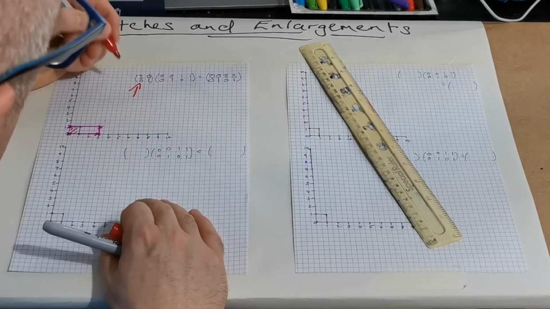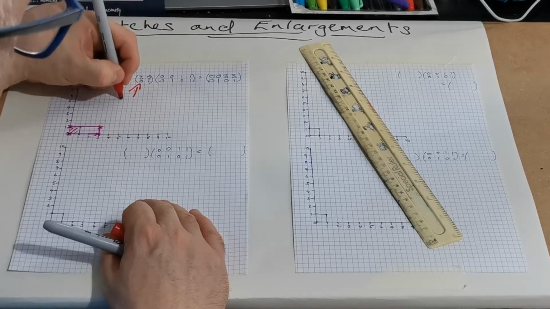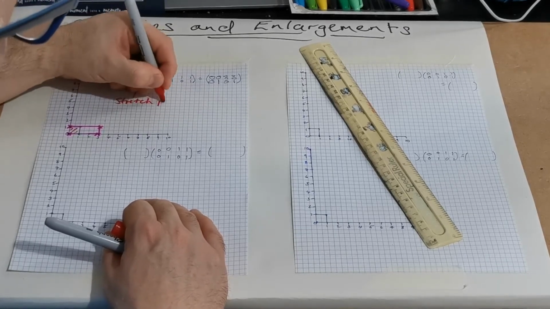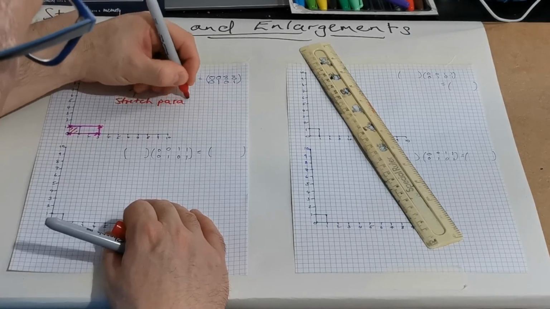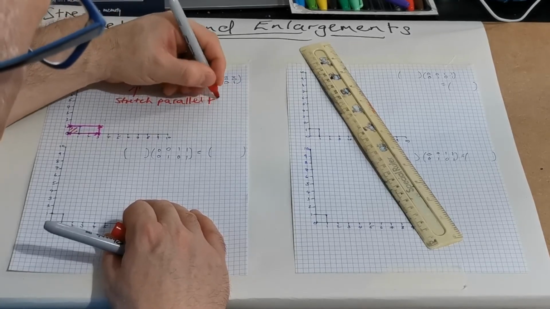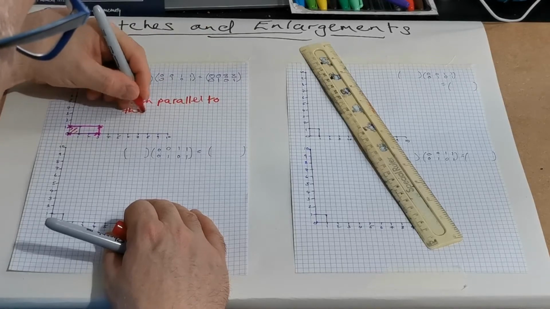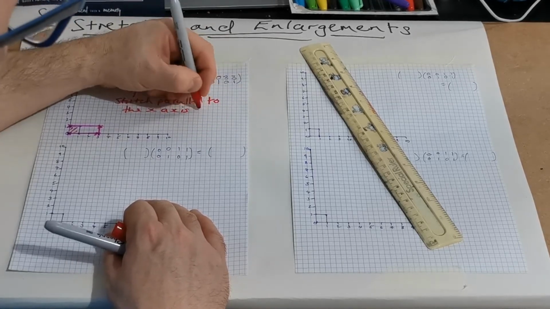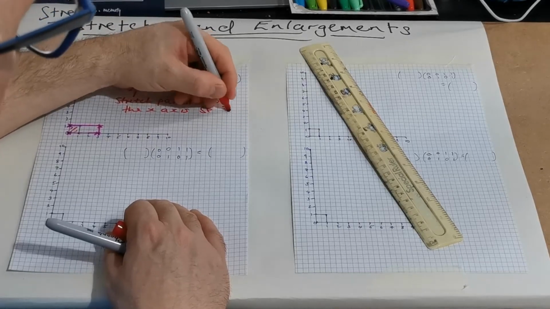So this matrix here has given us a stretch parallel to the x-axis with a scale factor of 3.